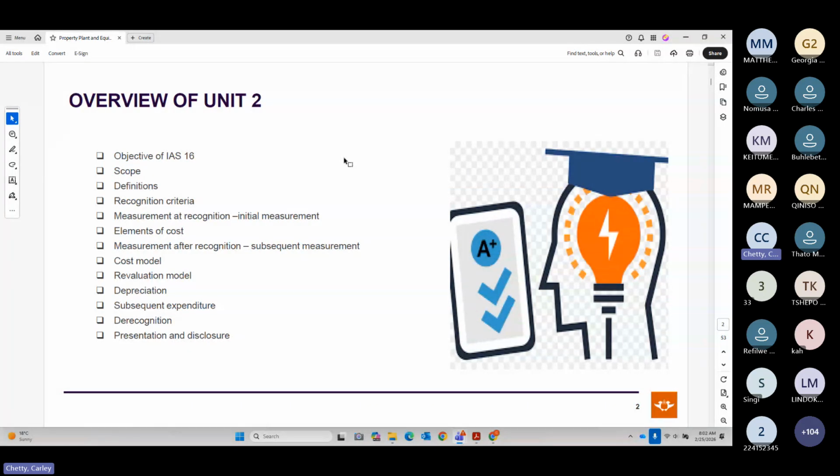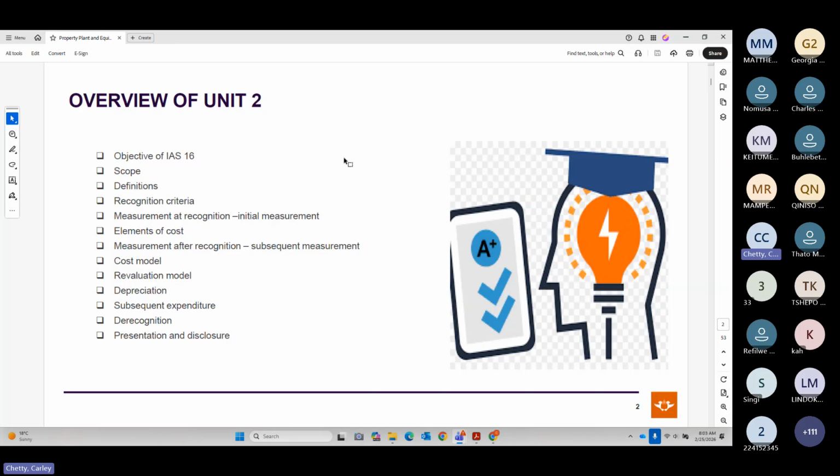So in this unit, we looked at the objective of IAS 16, which is how to account for property, plant, and equipment. And then we looked at the scope of IAS 16, and we also looked at some definitions. We had a look at the recognition criteria last week and how to measure PPE at recognition using the initial measurement.